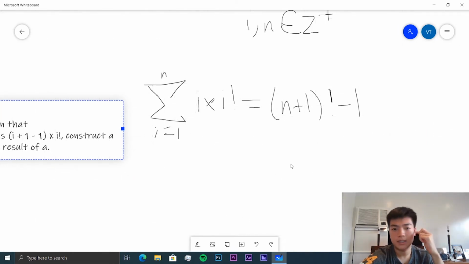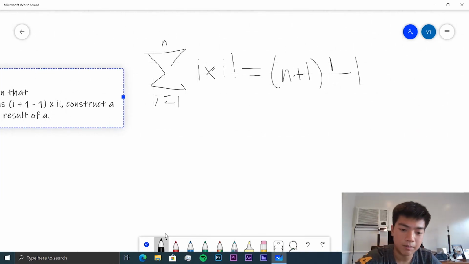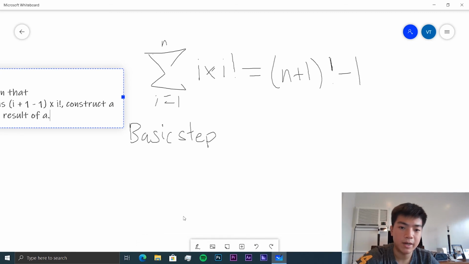So let's do our basic step where we prove this for n equals 1.